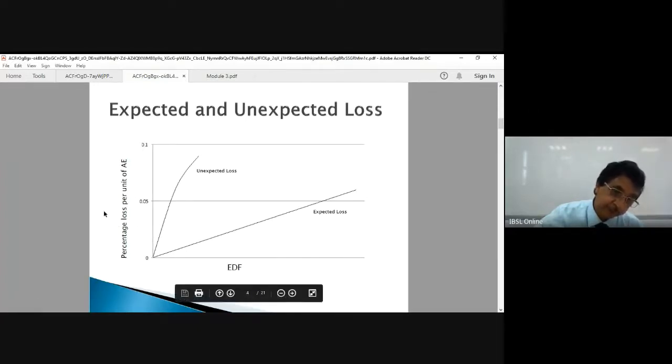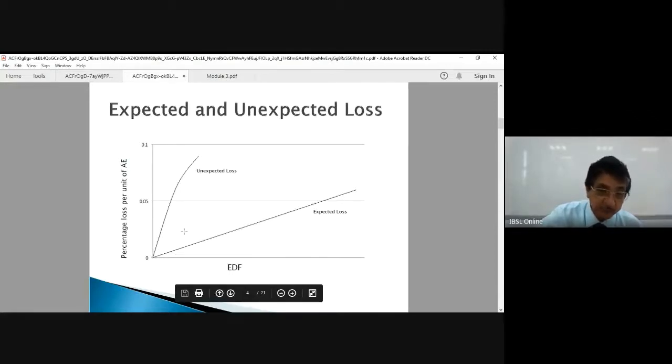So this is the expected loss: when EDF increases, expected loss increases, but it increases along a straight line. So there's a proportional increase.